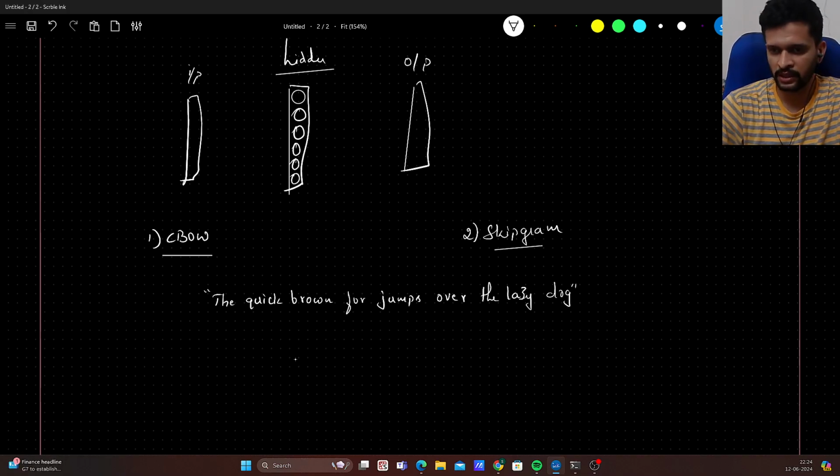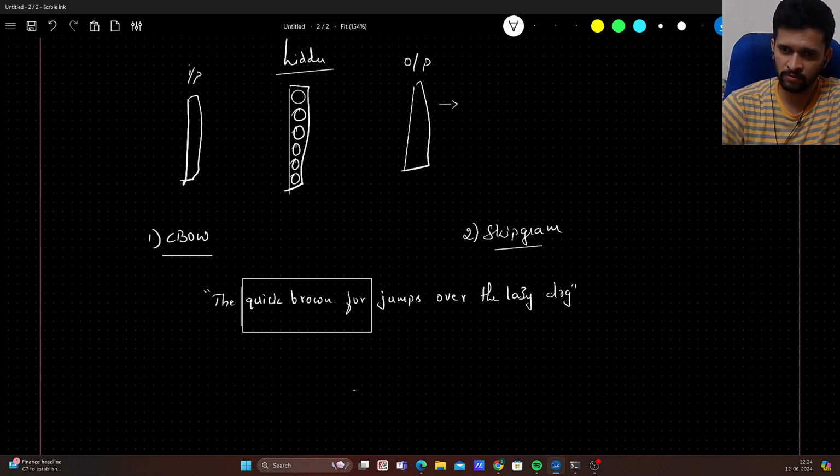Okay. So here, let's say in the case of CBOW, we give the context words and ask the neural network to predict the target word. So let's say we are trying to concentrate on these 3 words as of now.